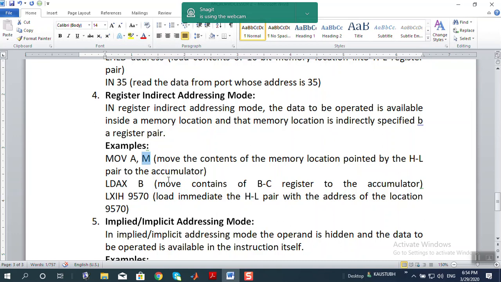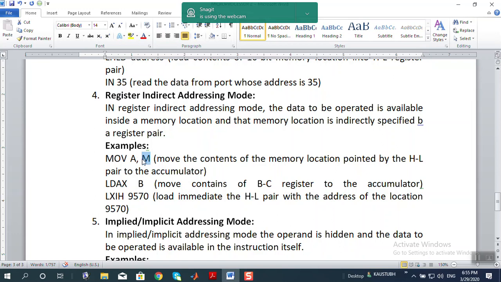In the previous lecture I mentioned that HL is a special register pair. There are 2 specialties. One specialty is this: if you store the address of a particular memory location inside the HL register pair, then that memory location can be considered like a register named M. So whatever you can do with B, C, D, E, H, L, you can do with M also, provided that memory location is presently in the HL register pair.